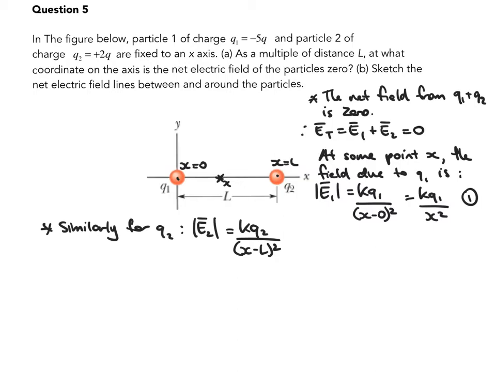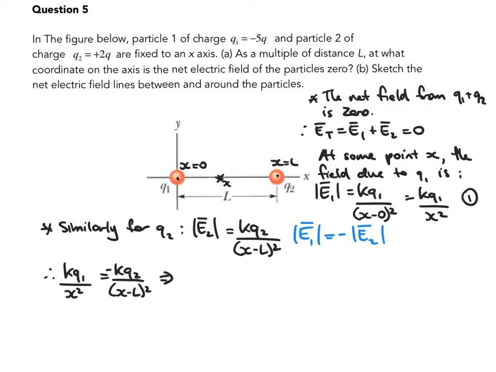So therefore, if they're equal to 0, then we can say that the magnitude of the electric field from 1 is equal to negative electric field from 2. Because if you add them together, they're equal to 0. So K Q1 over x squared equals negative K Q2 over x minus L squared.